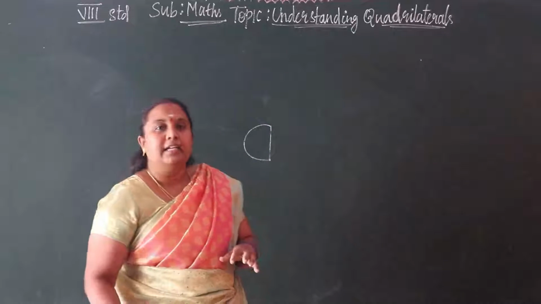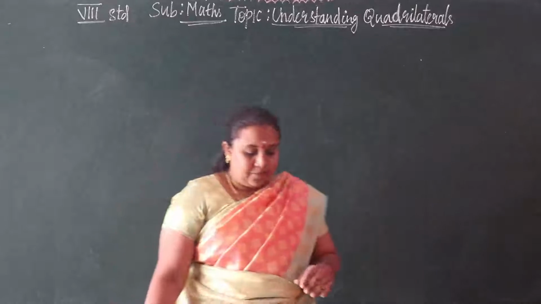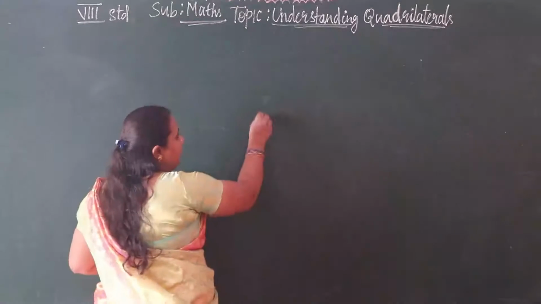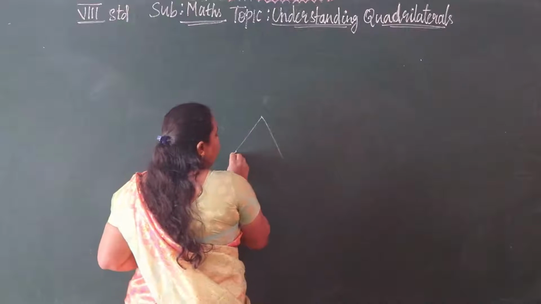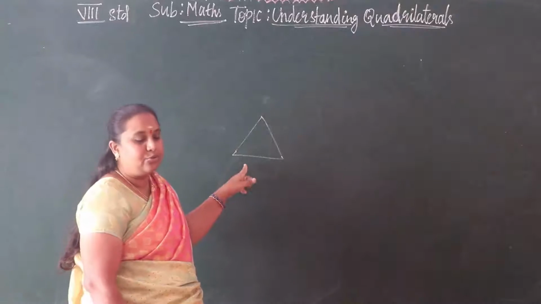Okay, so only line segments. The starting polygon, with the least number of sides, is the three-sided polygon. We have a triangle. That is a three-sided polygon, the triangle.